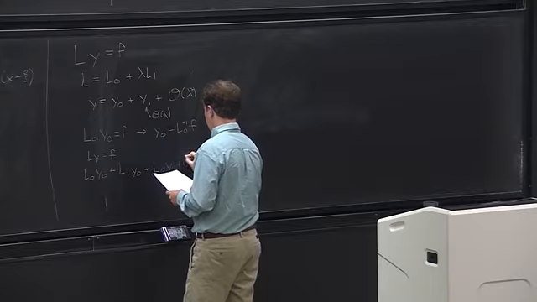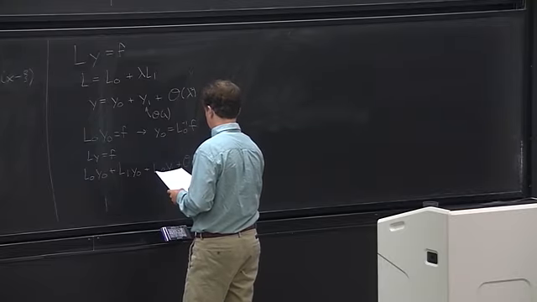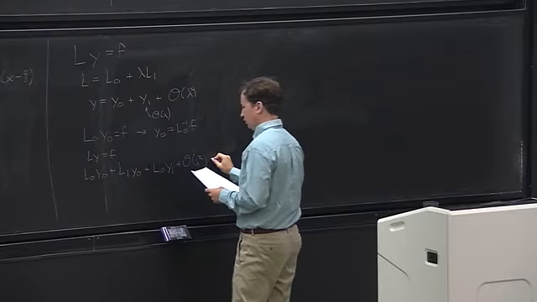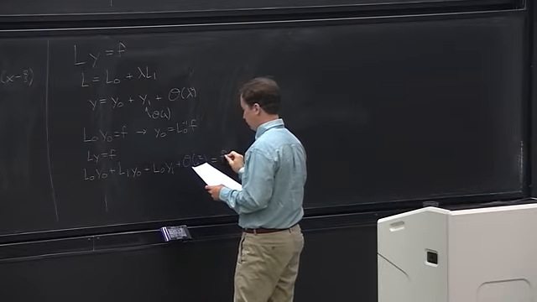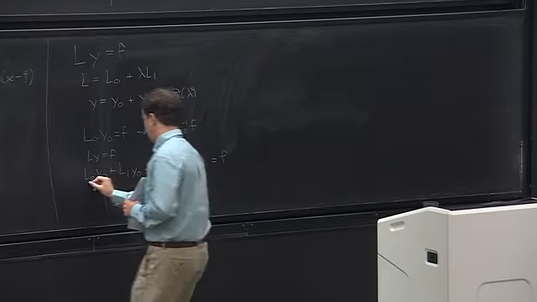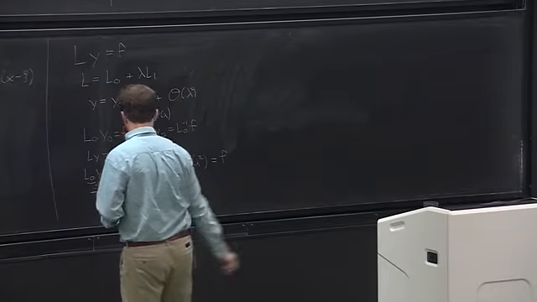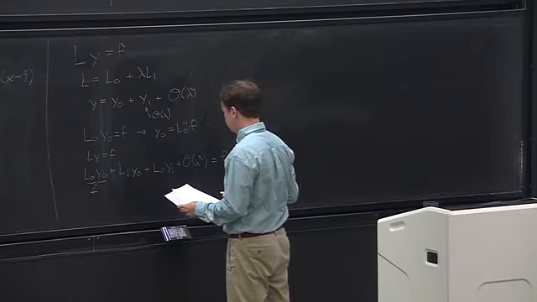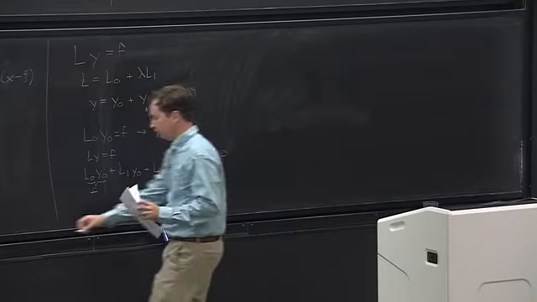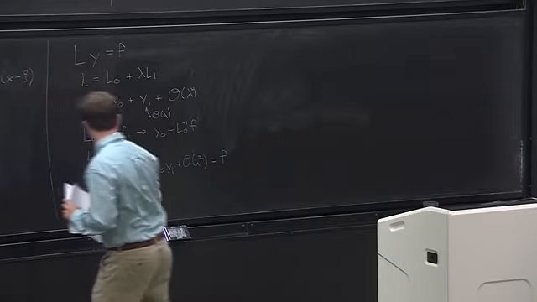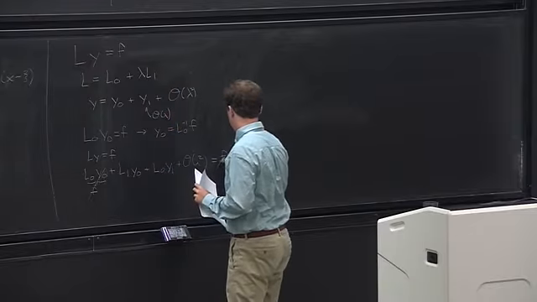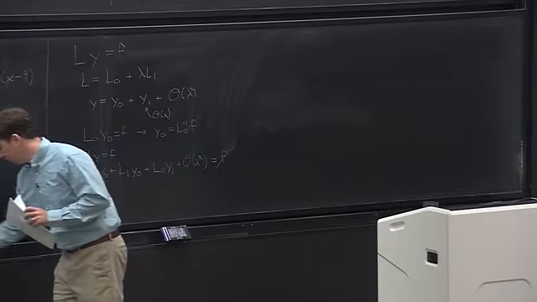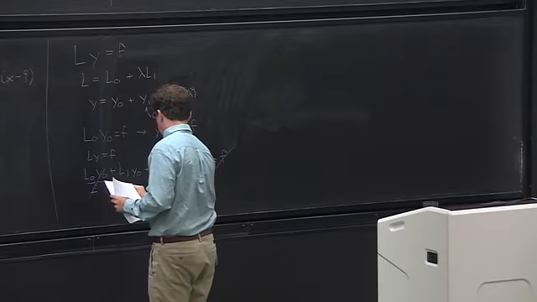All the other terms will be order lambda squared or higher. This should be equal to f. You know this term is f, and so this term cancels with this.